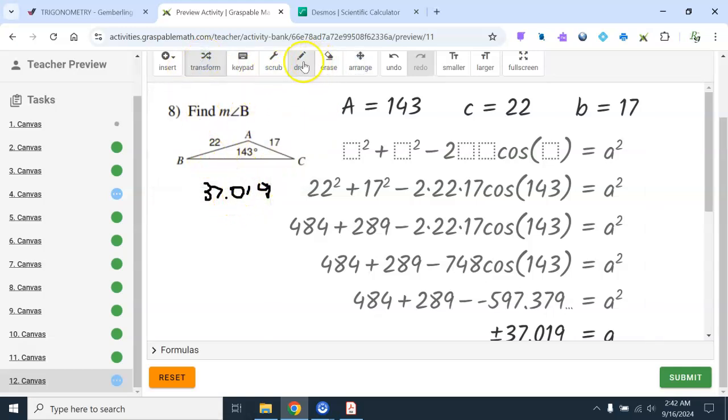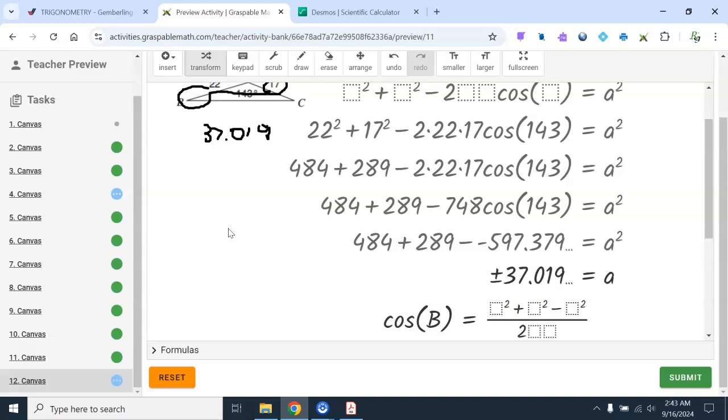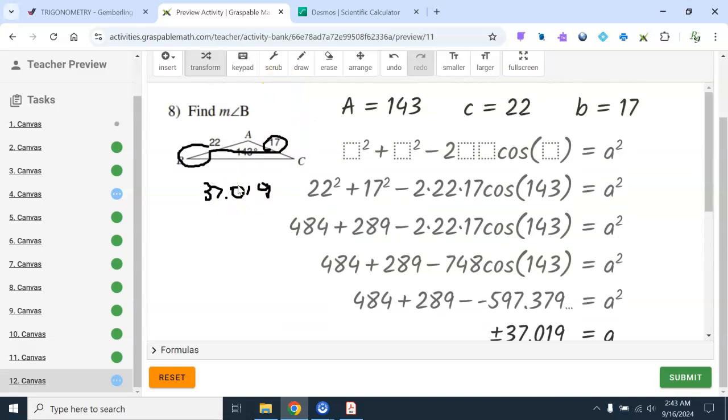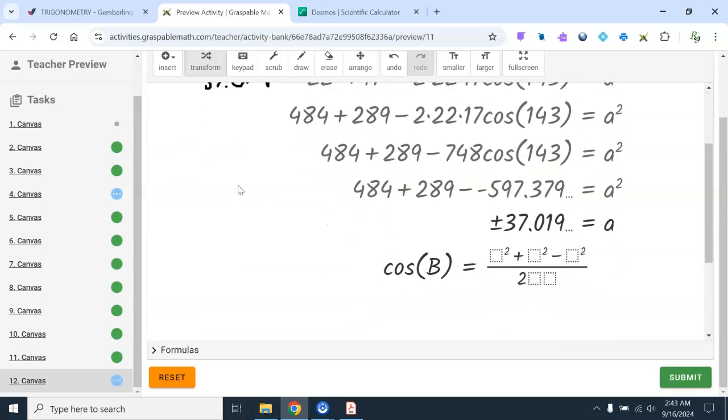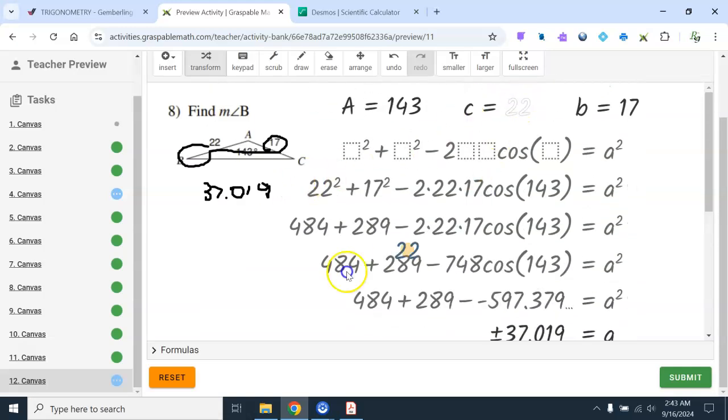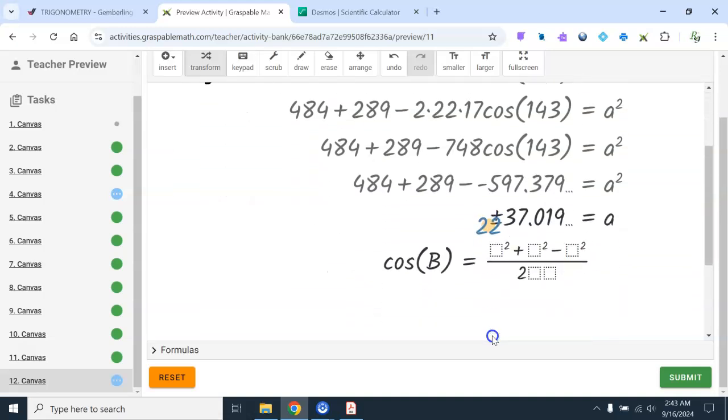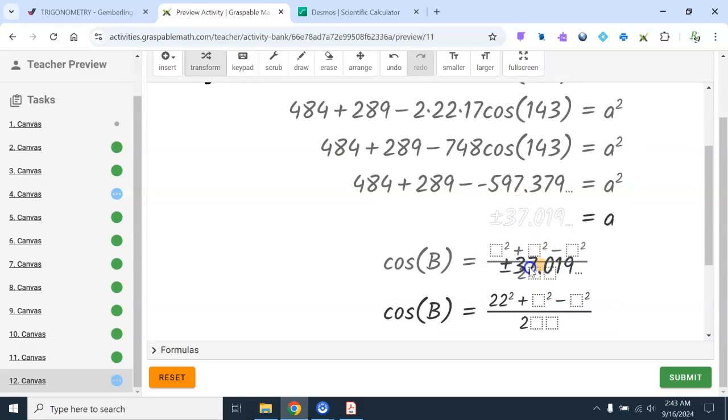Since we are looking for angle B, the side opposite that angle is 17. So when I set this problem up, the 17 has to be the subtraction part of the problem. So it's going to be 22 times the 37.019.